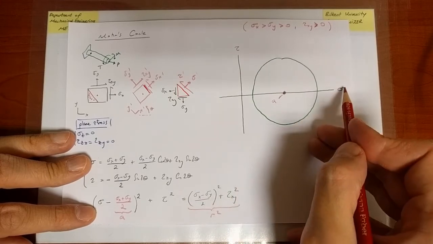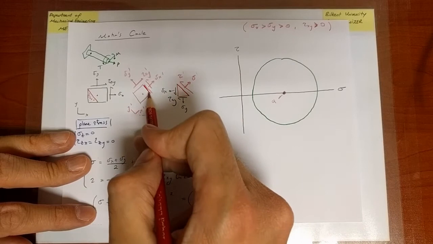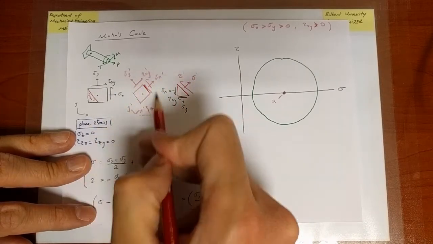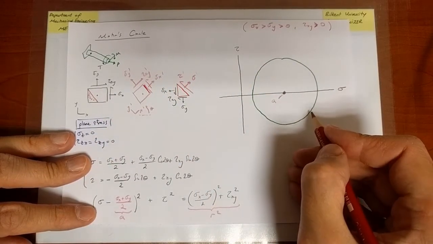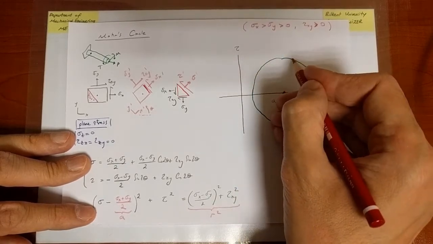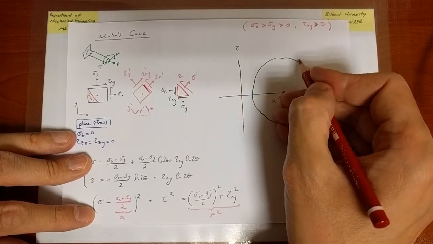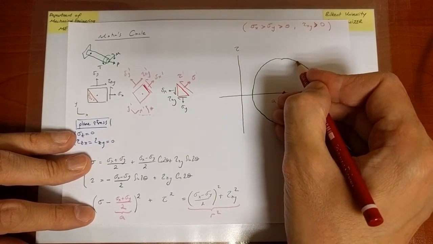Therefore, if I put a point that represents the state of stress associated with a certain orientation, that's going to be a point sigma tau, and it cannot be here, it cannot be here, because it needs to satisfy the equation of the circle. It has to lie on the circle.